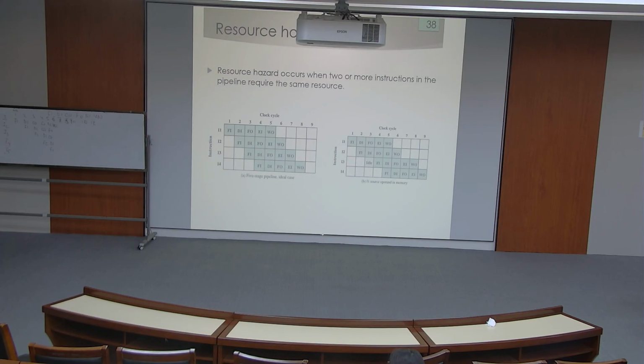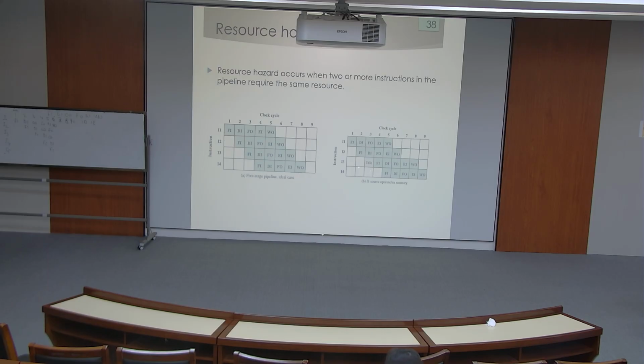Now, when we have a resource hazard, you see here, this instruction was supposed to start here, but it has to wait because of the conflict in the memory. So waiting is there. So we have a 5-stage pipeline. This is the ideal case, as we have seen in the previous slide. Now here we have idle. The microprocessor needs to wait to start because there is a conflict in memory.